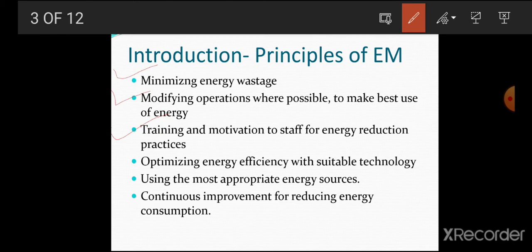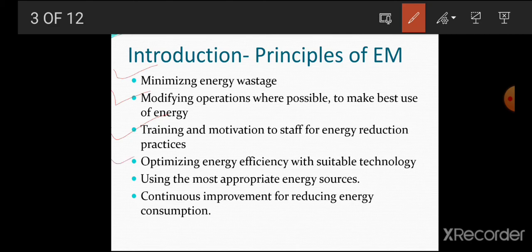So that is training and motivation from inside. So you cannot scold any staff for not keeping good practices, but we can motivate them. So that is also one principle.